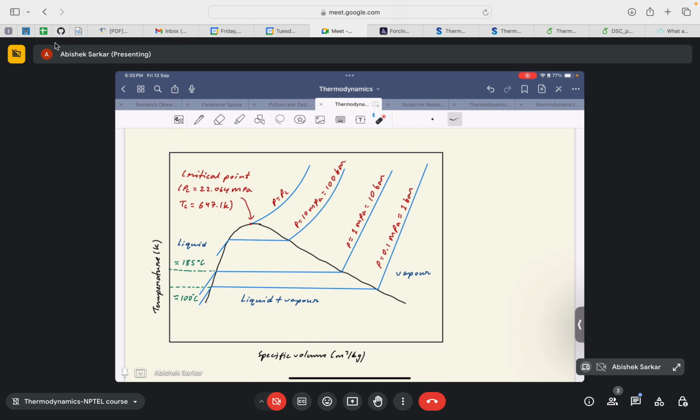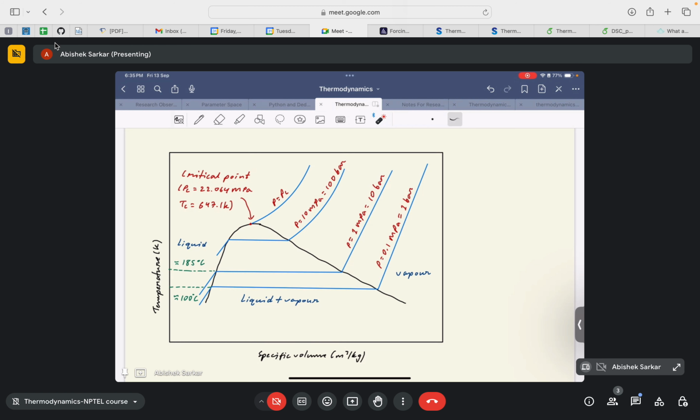Now, if we increase the pressure at which we are heating the liquid, say to 1 megapascal or 10 bar, you see that the corresponding saturation temperature also increases to 185 degrees Celsius, right? A similar trend will be observed if we increase the pressure further.